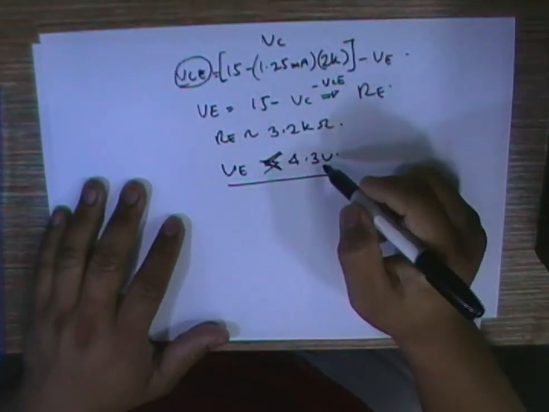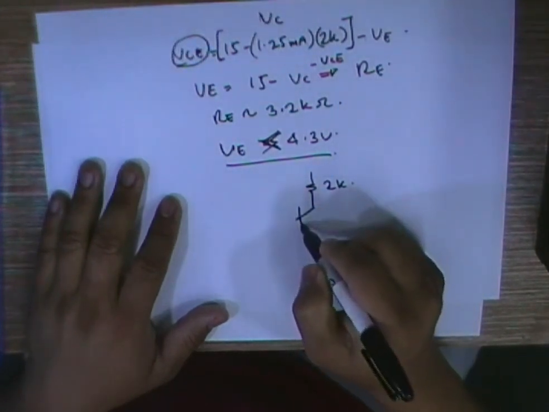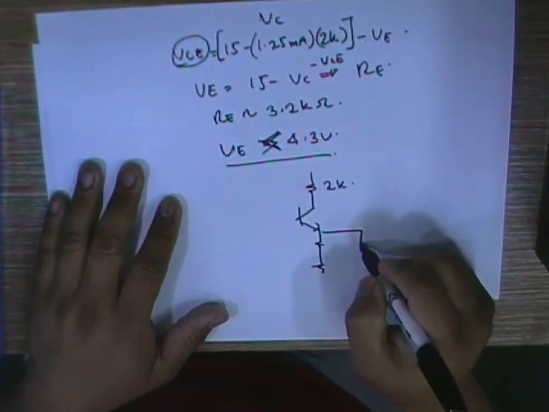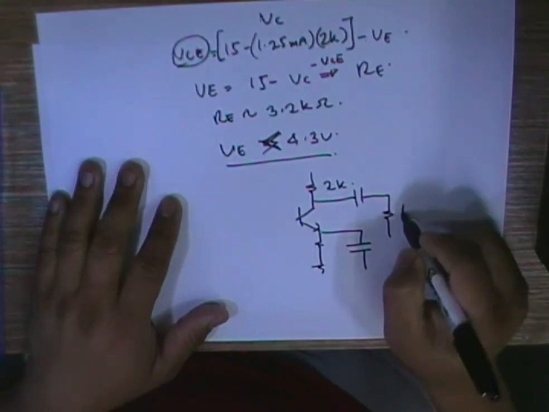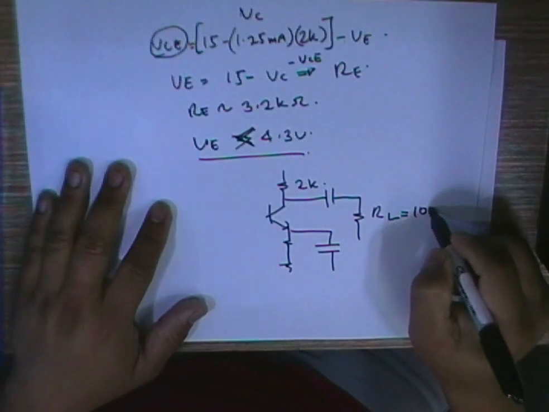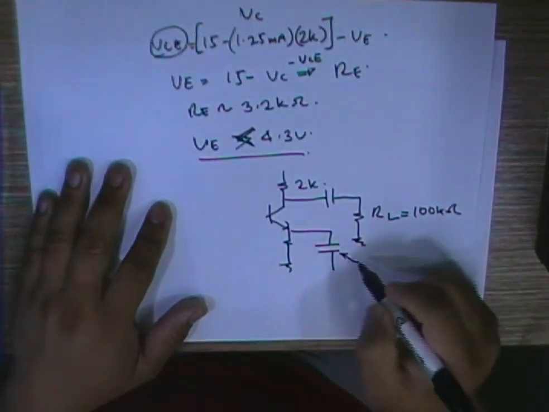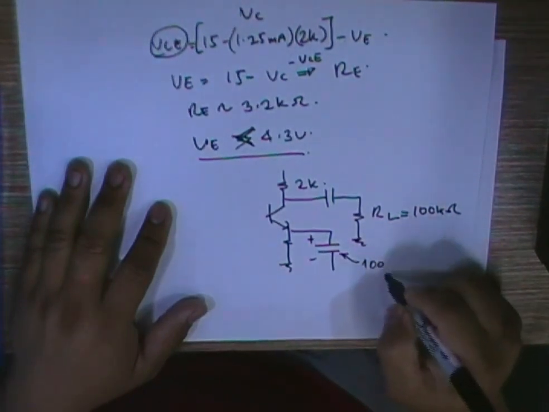If you do this thing, this is about 2 kilo ohms. So in your simulation, let the RL be very high. So let the RL be 100 kilo ohms. This thing, make it 100 microfarad.